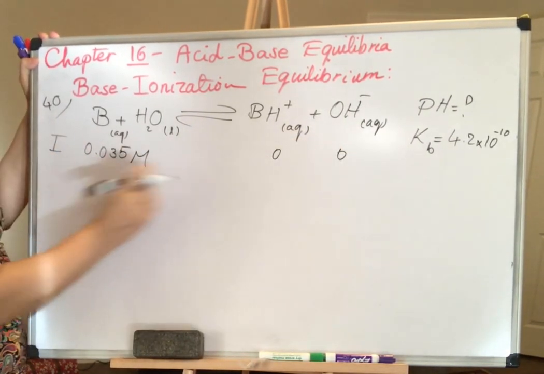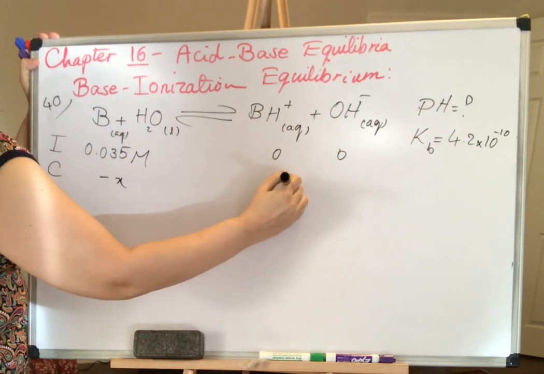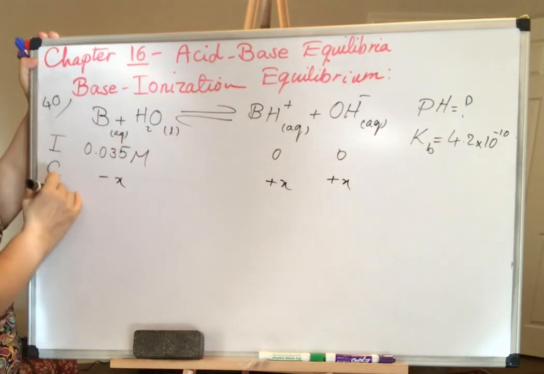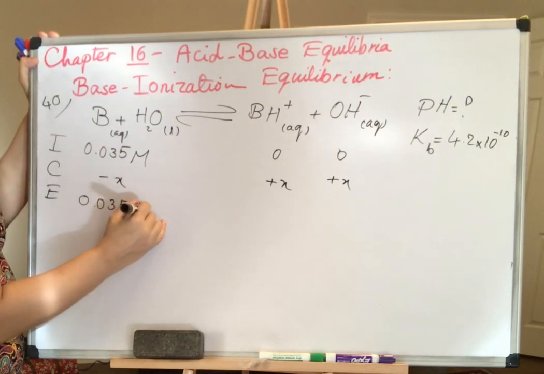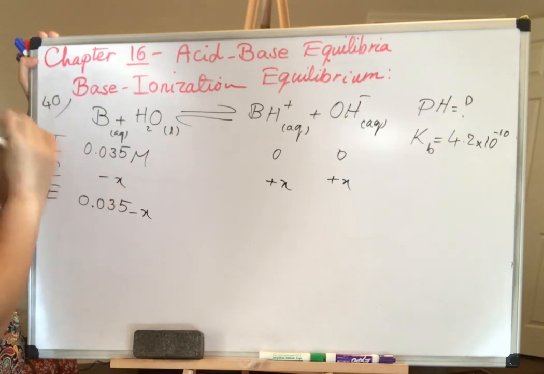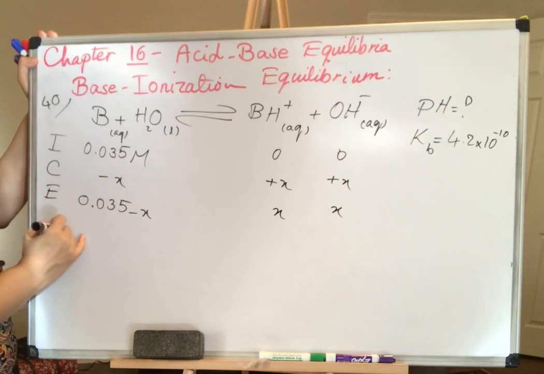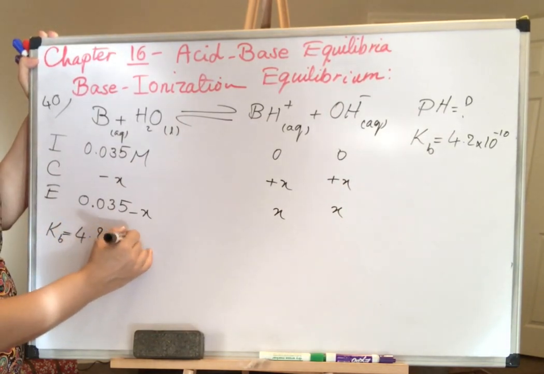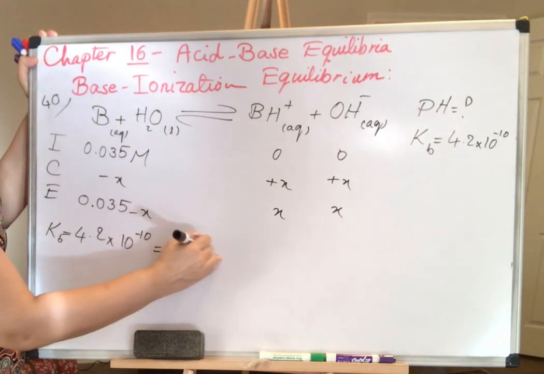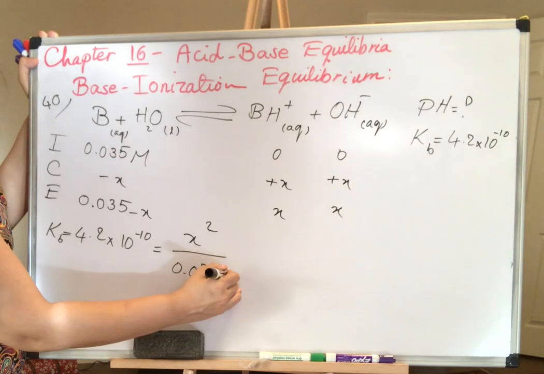Initial: 0.035, 0, 0. Change: minus x, plus x, plus x. Equilibrium we have... I skip the calculations that you already have. So Kb, which is 4.2 times 10 to negative 10, is x squared divided by 0.035 minus x.